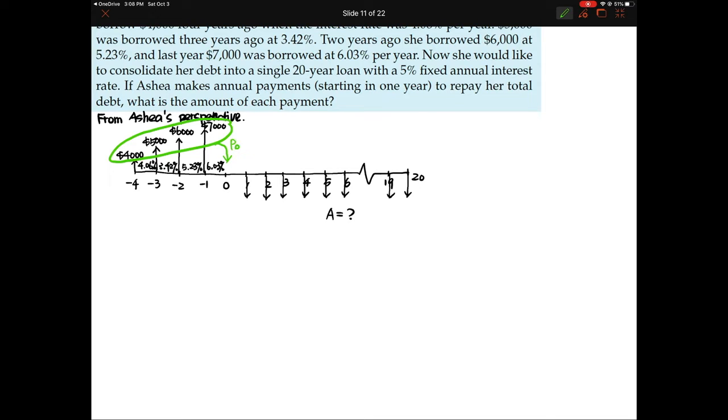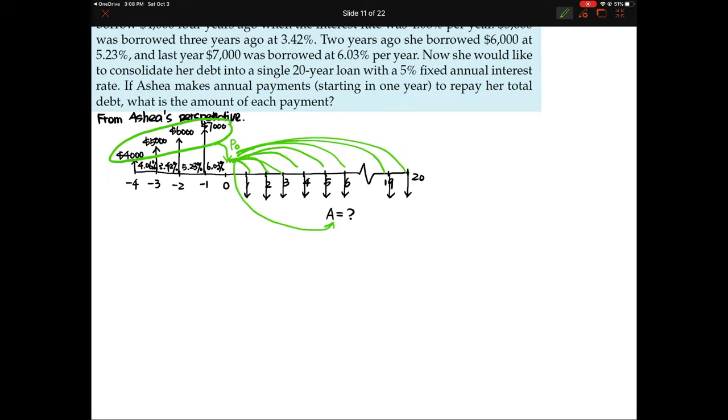P0 is going to be the equivalent value of all these past cash flows. Then we distribute this P0 to every year, so that we convert the P value to annuities.